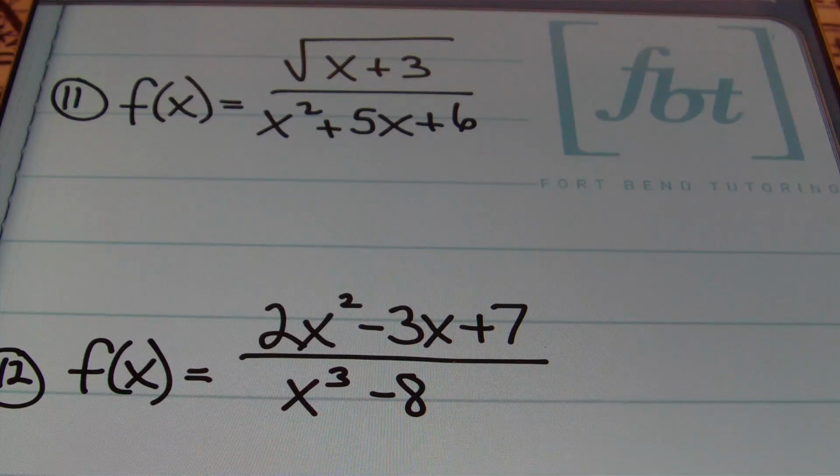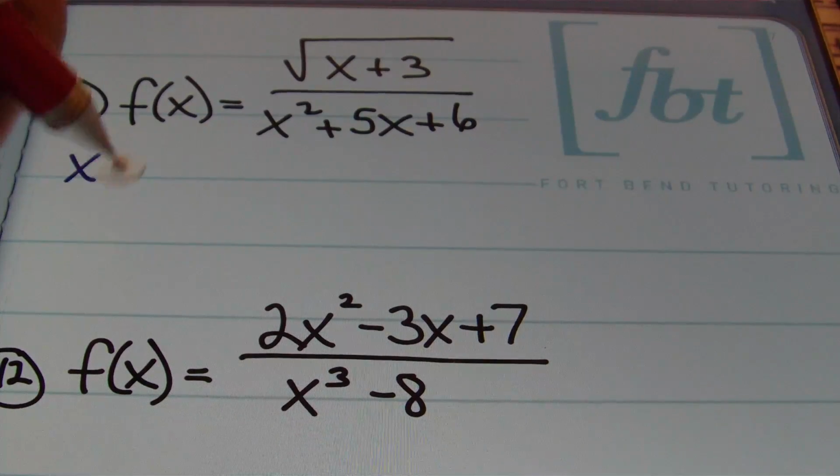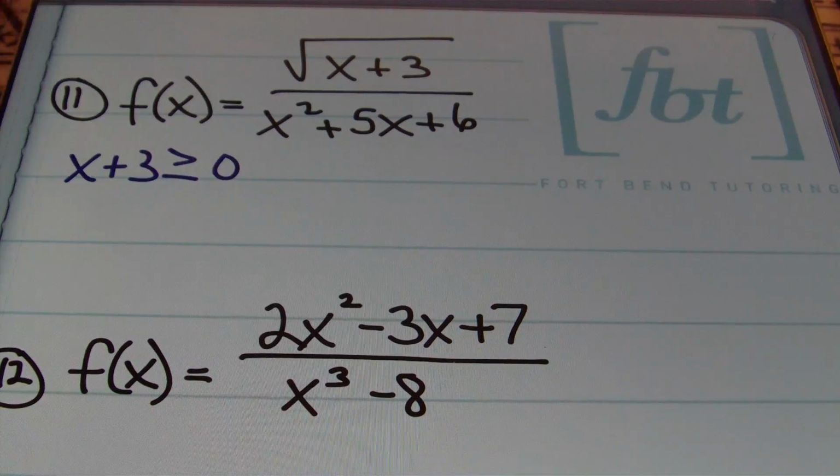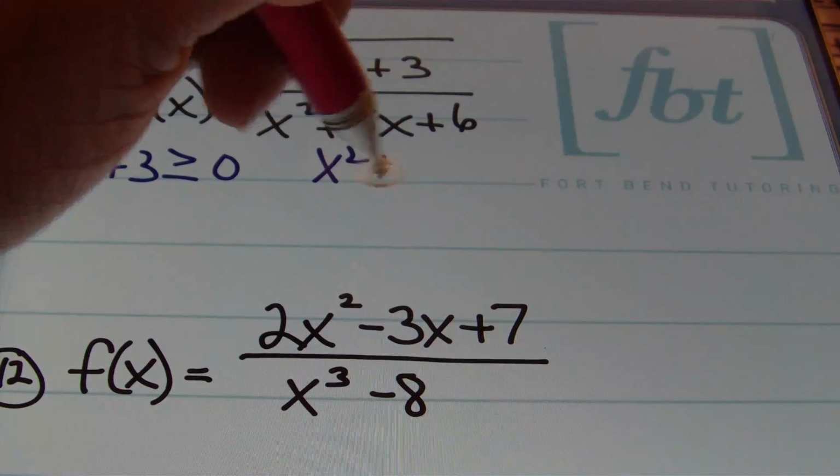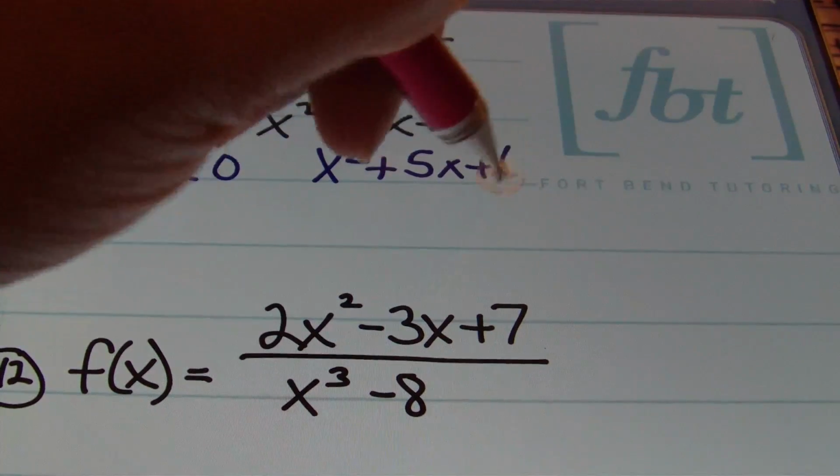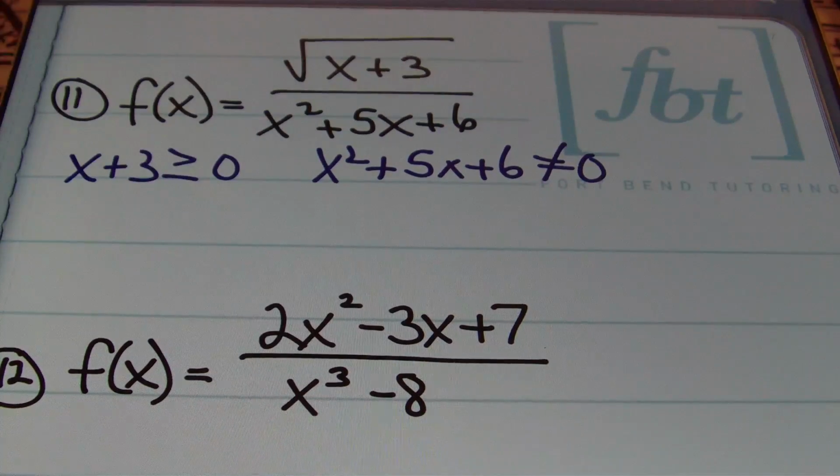So let's start with the radical. With my square root, x plus 3 has to be greater than or equal to 0. I also know that the denominator, x squared plus 5x plus 6, can't equal 0.